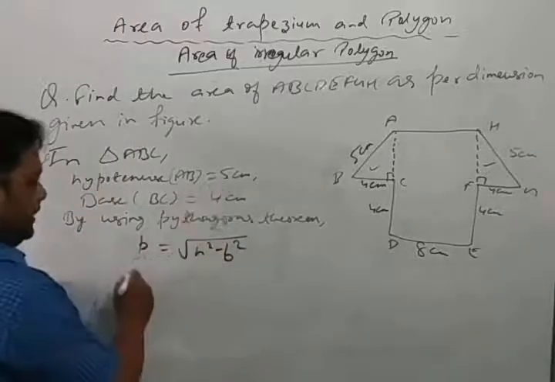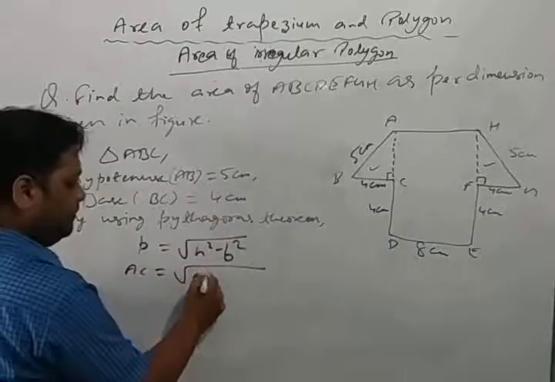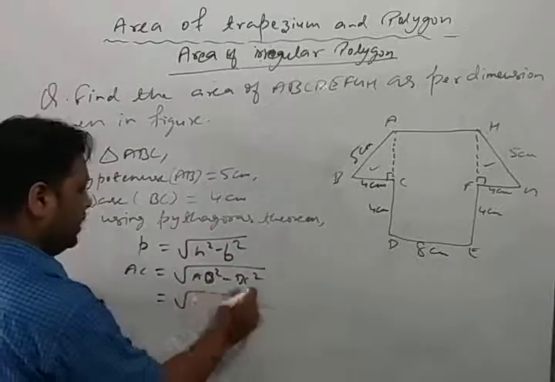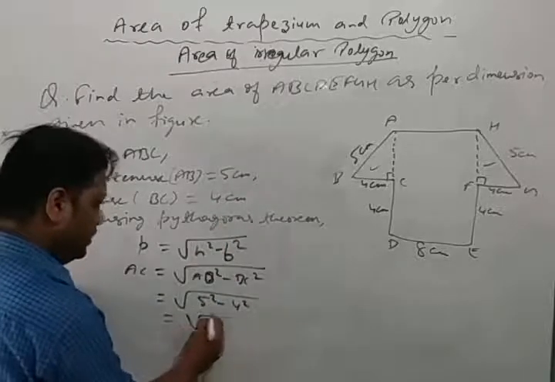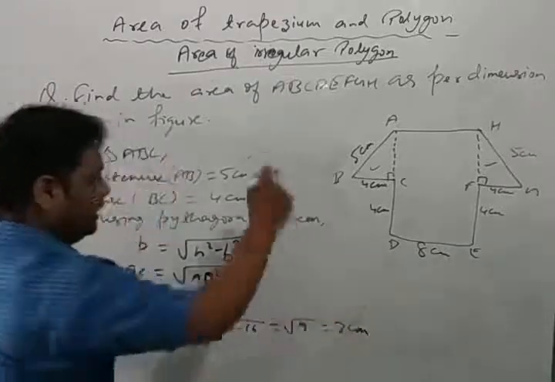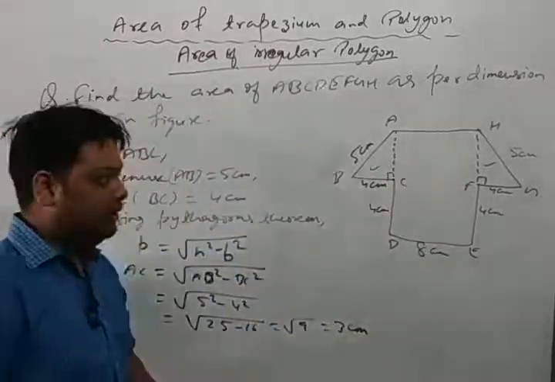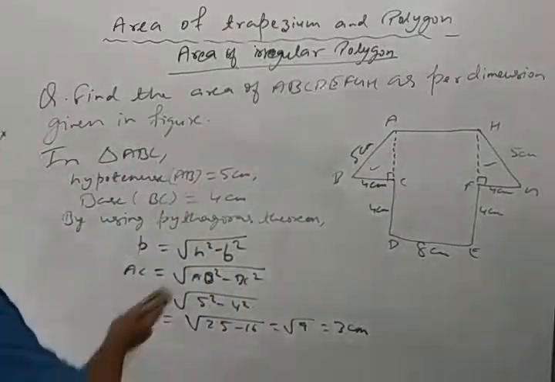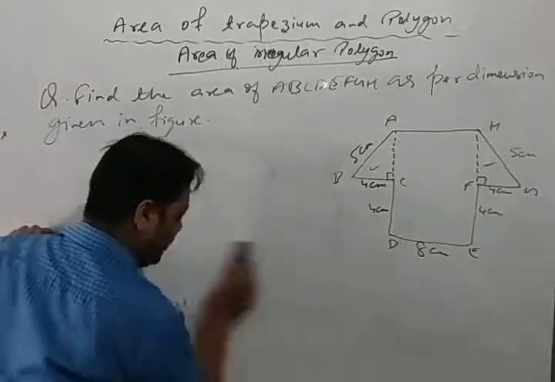Here P is AC, H is AB, and the base is BC. Now put the values. AB is 5 centimeter, so 5 square, BC 4 square. It will be 25 minus 16, that is root 9, which is equal to 3 centimeter. It means AC will be 3 centimeter and HF will also be 3 centimeter. Then we can find the area of this triangle. Okay. After that, we will find the area of both triangles.